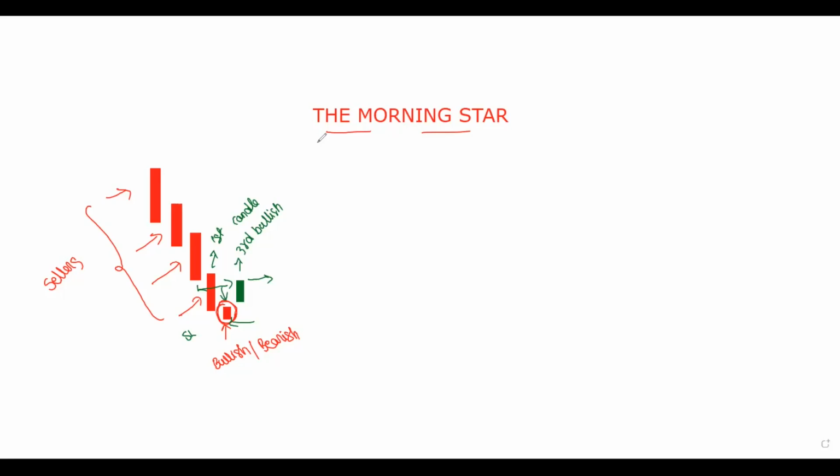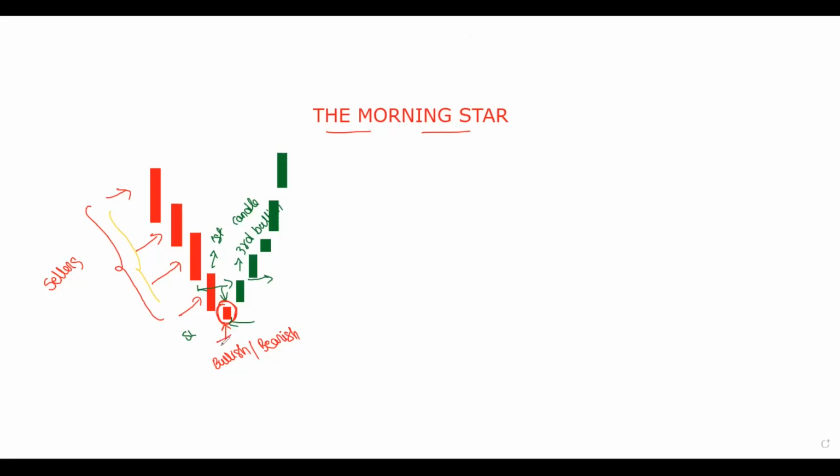The morning star pattern shows us how buyers took control of the market. If you observe, first the sellers are in control of the market, then the sellers are controlling the market here, and here too.